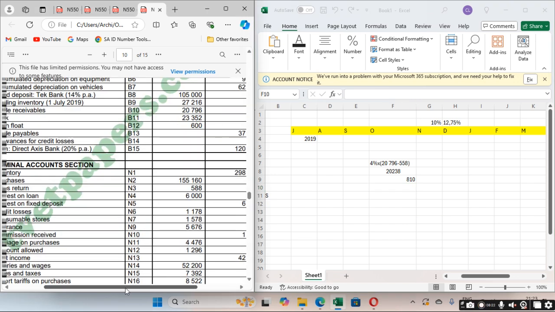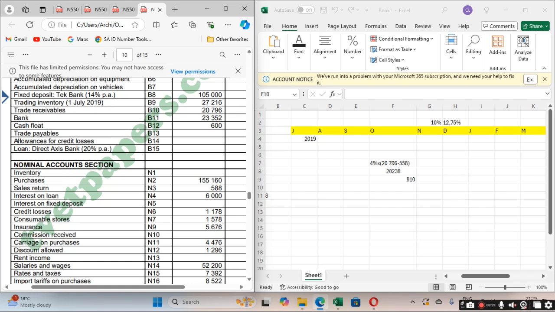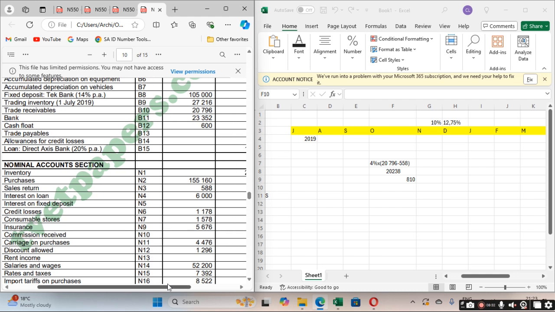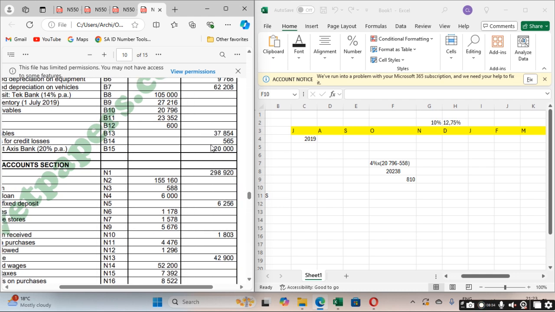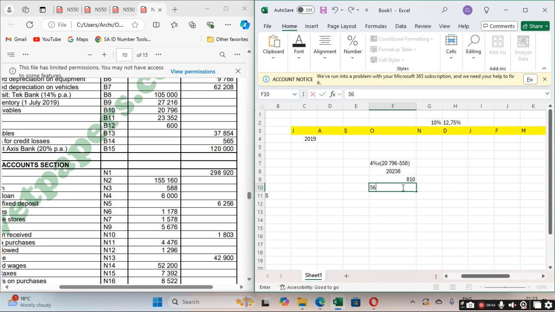Going back to our trial balance, we can see we have an allowance for credit losses. Before, it was 565.